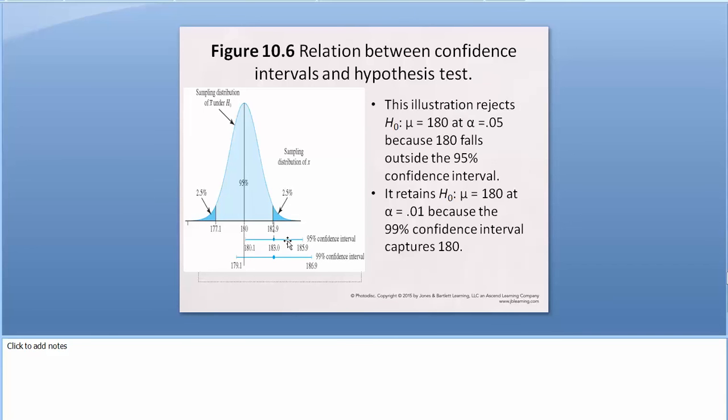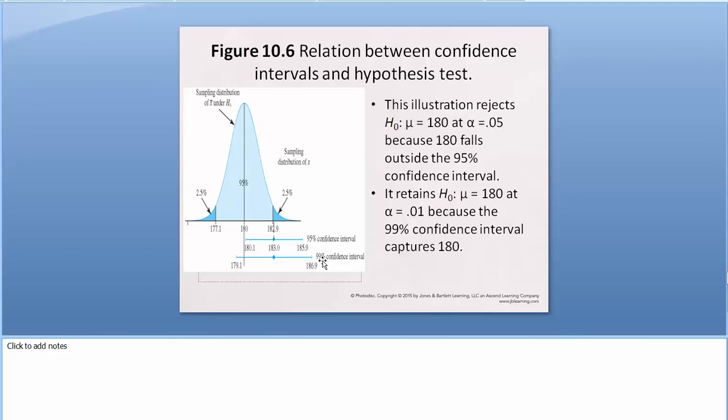Okay, now of course, this equivalence is true if the alphas match. Here alpha equals 0.05, and only when you put 0.05 do you get the 95 here. Now, if you do a 99% confidence interval, here's the confidence interval. In there, the hypothesized mean of 180 is contained in the confidence interval. So what does that say?